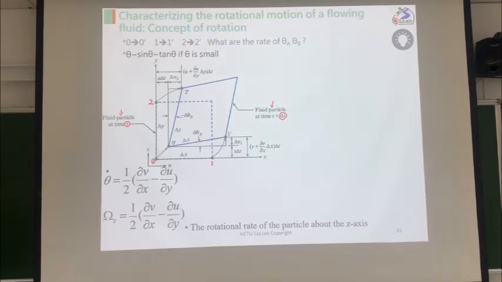Delta t later, the 0 moves to 0 prime, the 1 moves to 1 prime, and the 2 moves to 2 prime. So clearly we observe that with only a delta t time difference, the points move to different locations.